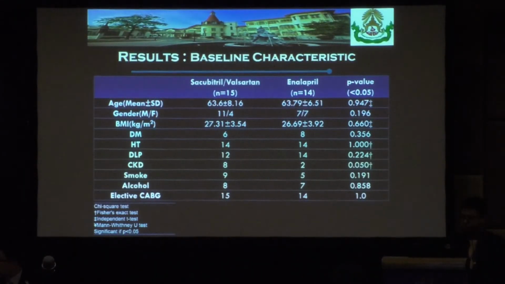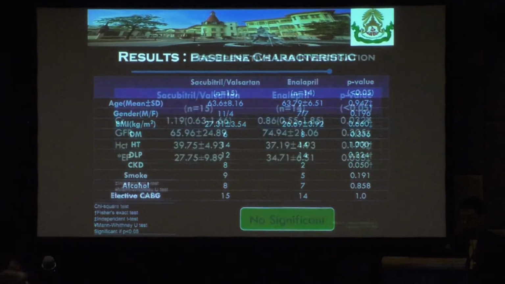The result. In baseline characteristics about age, BMI, underlying disease, diabetes mellitus, hypertension, CKD, smoking, and alcohol, there is no significant difference in both groups.